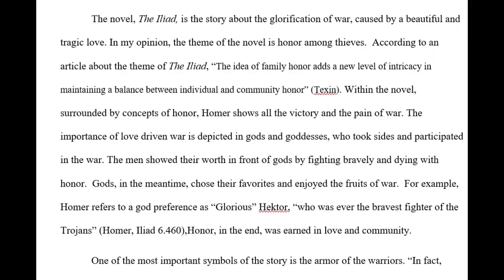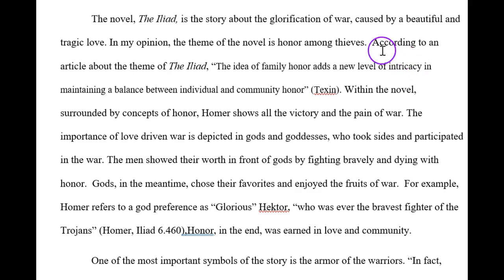Here is the fix for that paragraph, number 2. Notice that we have a quote from an article, and we have a quote from the actual novel itself. The novel The Iliad is a story about glorification of war caused by a beautiful and tragic love. In my opinion, the theme of the novel is honor among thieves.